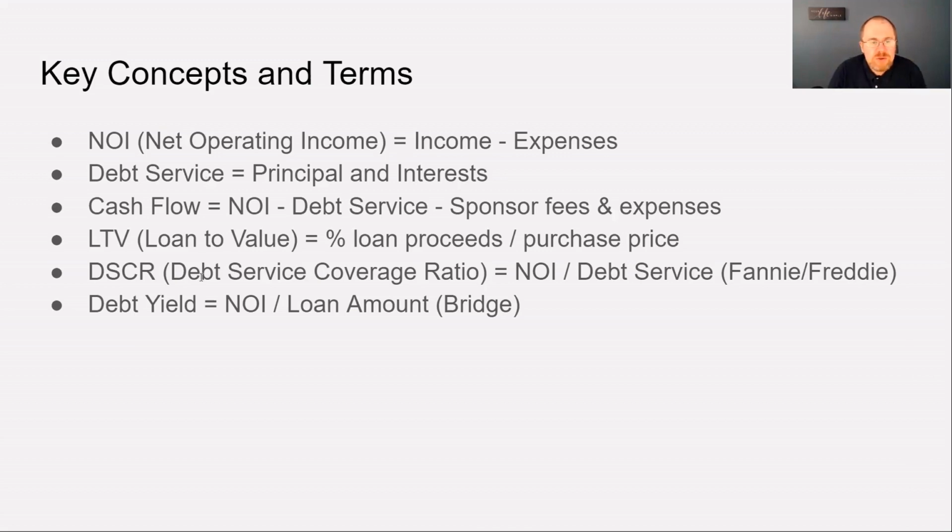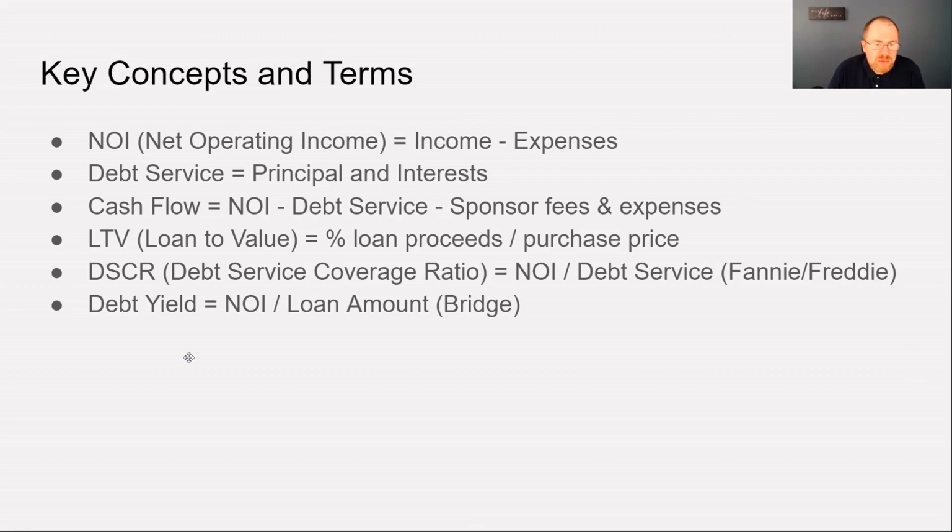So if you want to see how the property really does and what kind of cash flow is generated, you take the NOI, income minus expenses, then remove the debt service and then remove any sponsor fees and expenses, which would be an asset management fee, for instance.